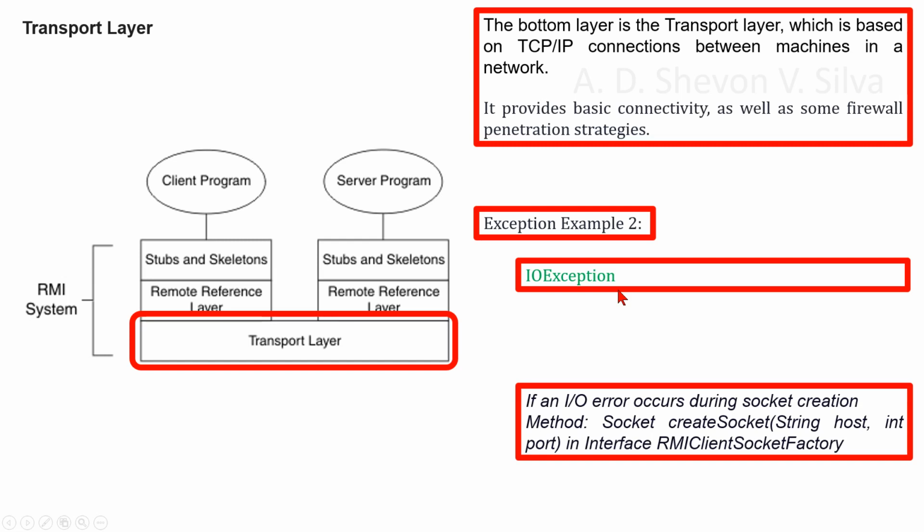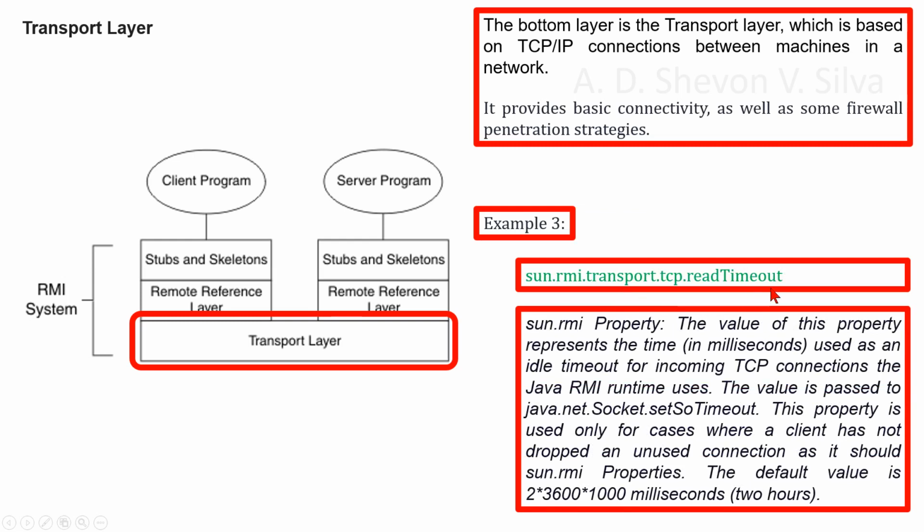And as an example 3, we can consider this property, sun.rmi.transport.tcp.readTimeout. The value of this property represents the time in milliseconds used as an idle time for creating TCP/IP connections the Java RMI runtime uses.